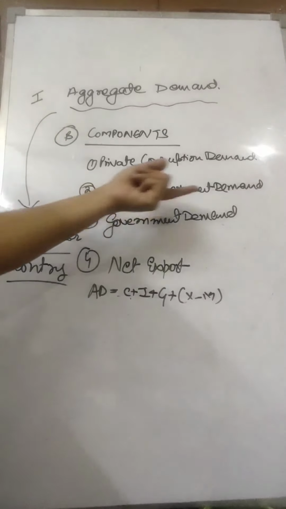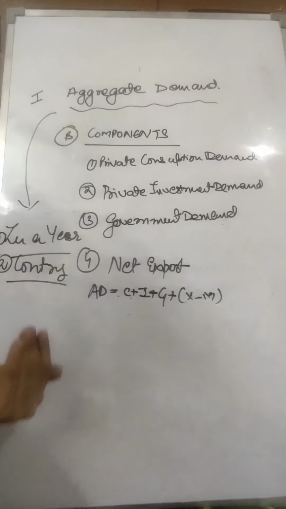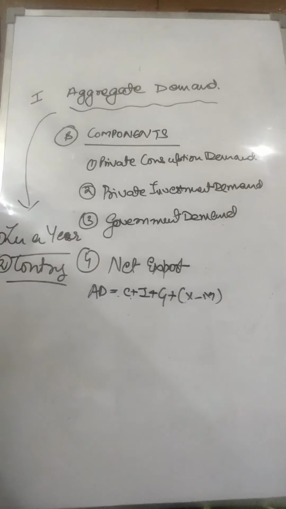Coming to private investment demand, again, the investment, or we can say expenditure, that private firms are doing to purchase new capital. Investment, either as a single person, if I am doing investment, that means I am purchasing something for my future use also.